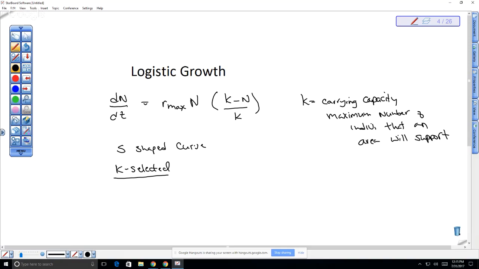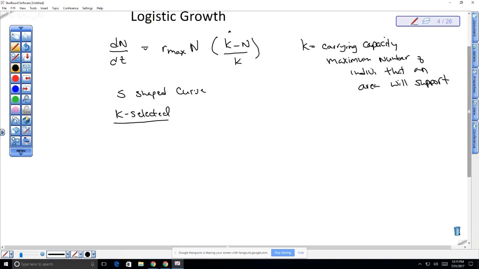K-selected means that they do not grow at their R max; this carrying capacity up here limits their growth and slows it down. Remember that K-selected species produce few offspring that generally need lots of care. So they have a different reproductive strategy than the R-selected. Elephants would be an example of a K-selected species.